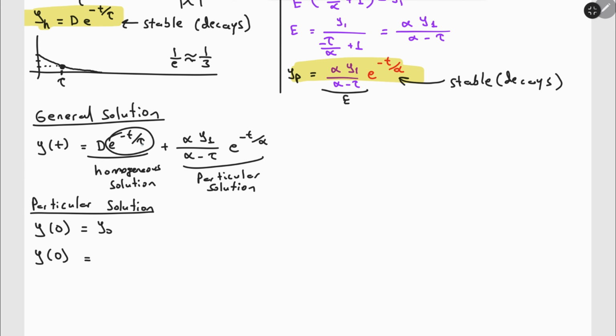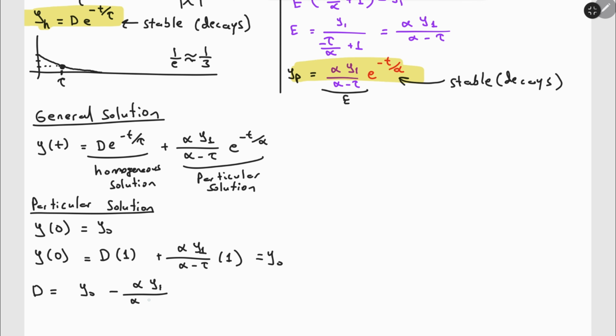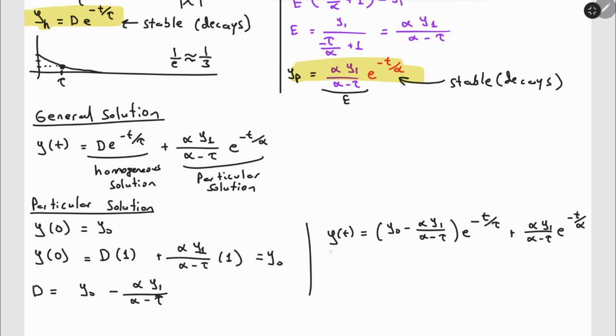And when we put 0 for t, the e becomes 1, and we are left with this. And after we rearrange stuff, we find d to be y naught minus alpha y1 divided by alpha minus tau. And so let's rewrite. So now this is our particular solution, and the question is done. You can also simplify this a little bit more, just rearranging a little bit.